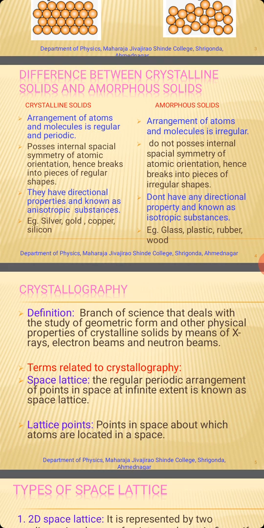Amorphous solids don't have any directional property and are known as isotropic substances. Examples of crystalline solids are silver, gold, copper, and silicon. Examples of amorphous solids are glass, plastic, rubber, and wood.